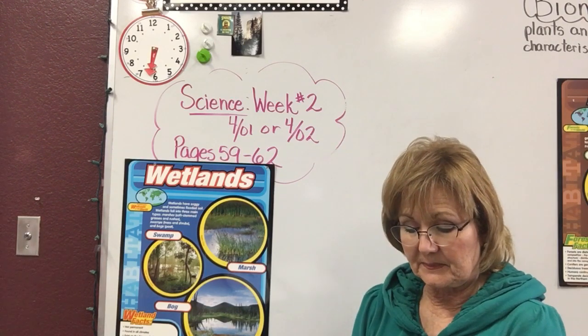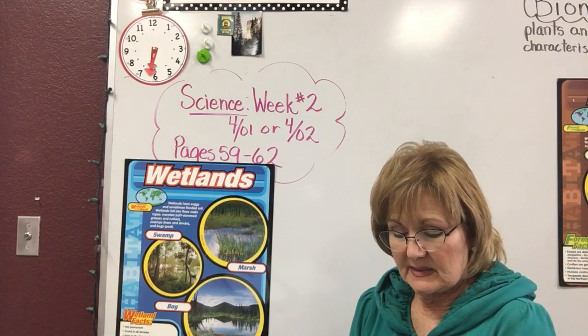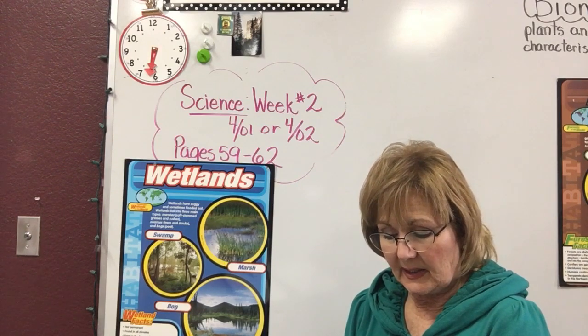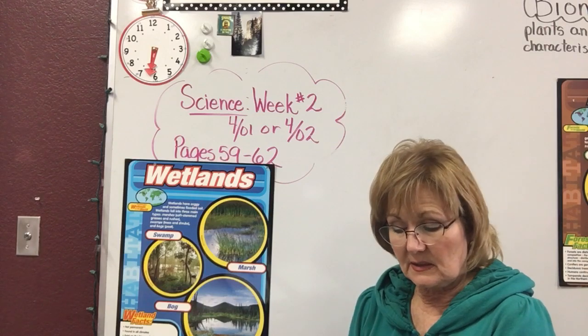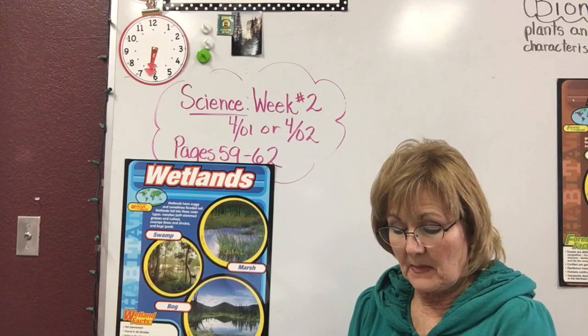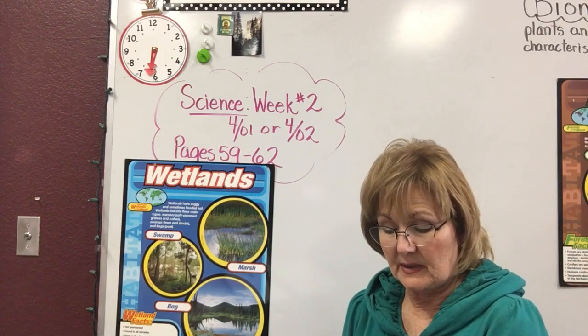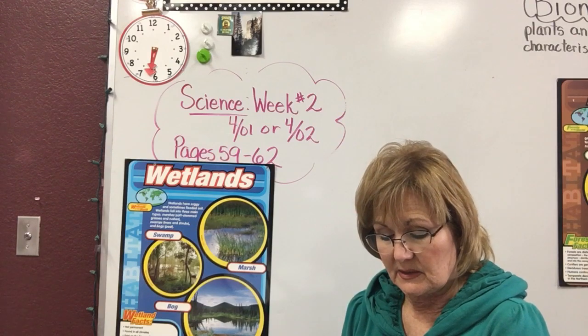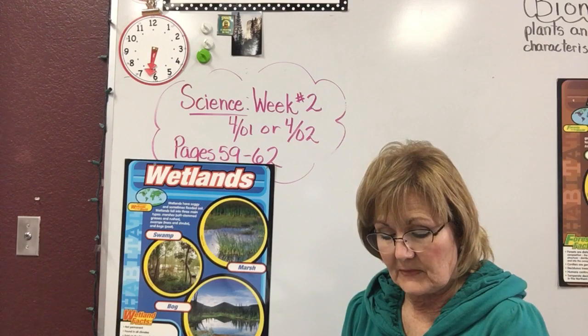You're right. Number 2, this habitat is smaller than a lake. The water is still. It has many plants that grow in or around it. Do you think it's A, or do you think it's C?